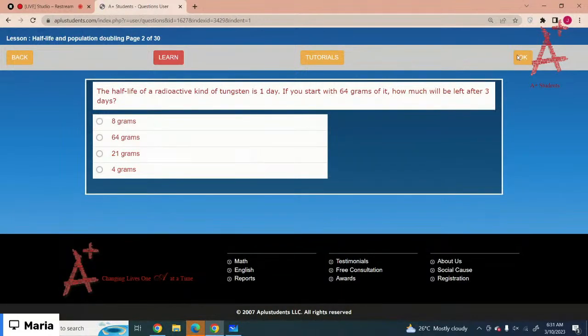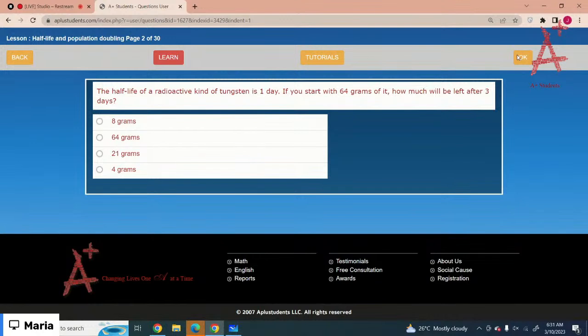Okay, the half-life of a radioactive type of tungsten is 1 day. If you start with 64 grams of it, how much will be left after 3 days? Half-life means it is getting reduced, got it? Not doubled.